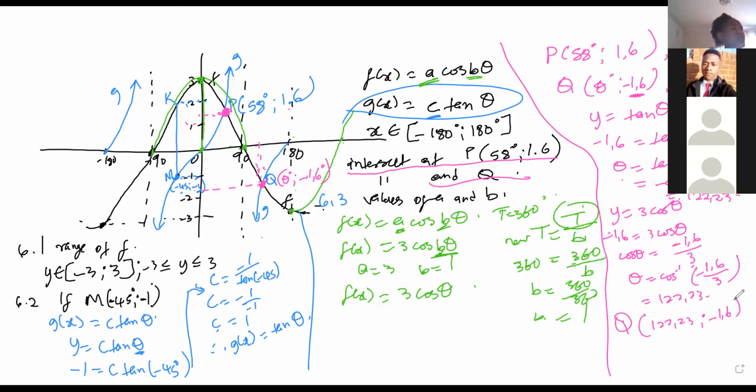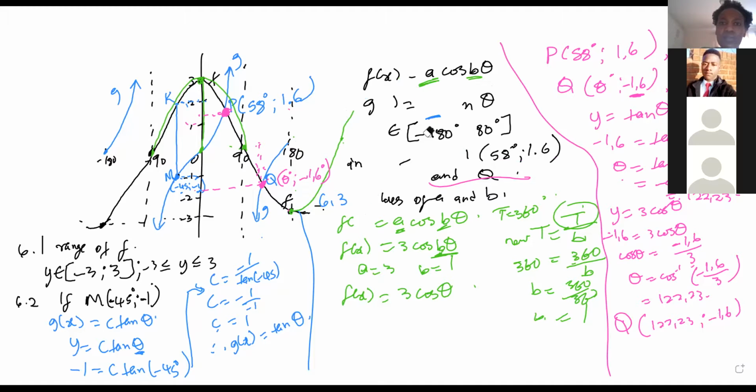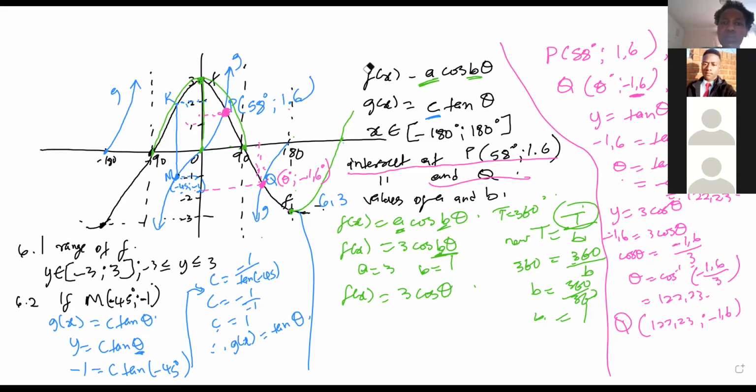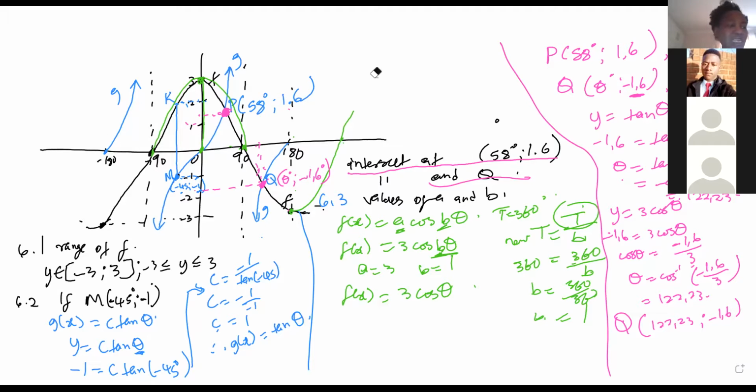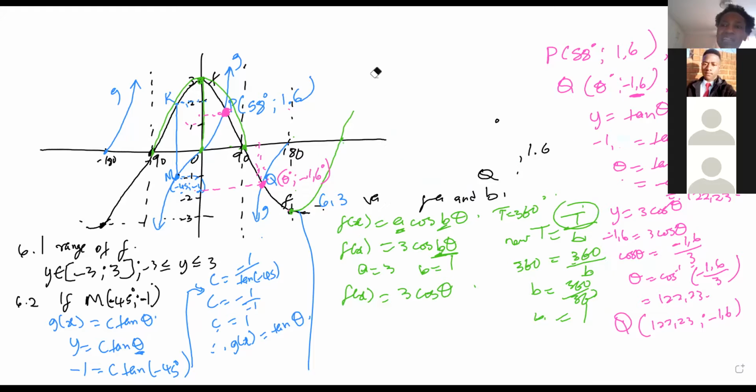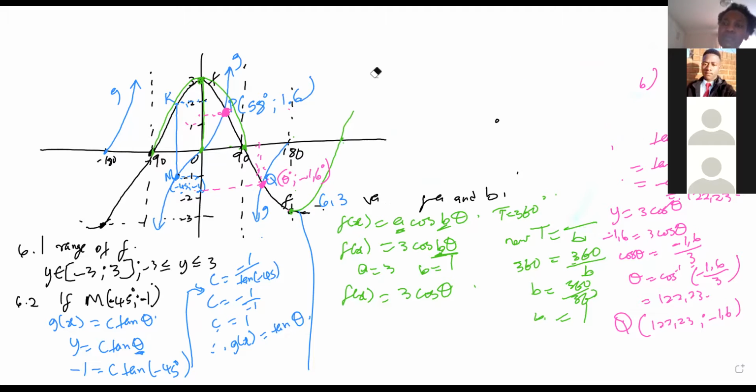Then number 6.5. They say K lies. Okay, I deleted the wrong things. They say K lies on F such that KM is parallel to, let me just clean here so I can read and write.